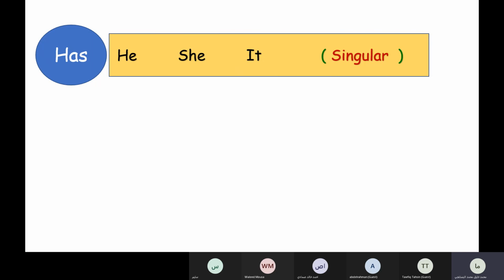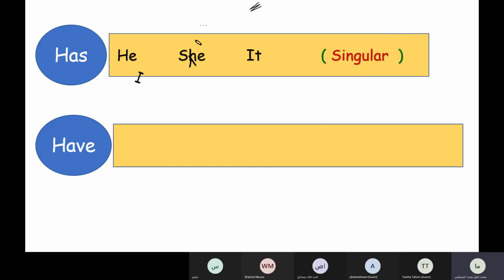If you want to make a yes/no question, we have to move has or have to the beginning of the sentence. Has he visited Mecca many times? If you want to answer, yes, he has. No, he hasn't. So this is about has and have with the present perfect.